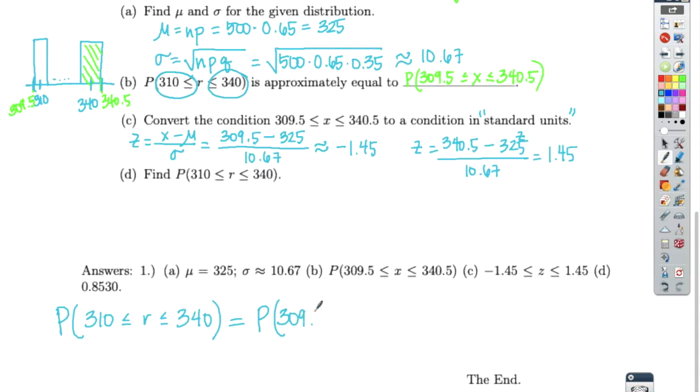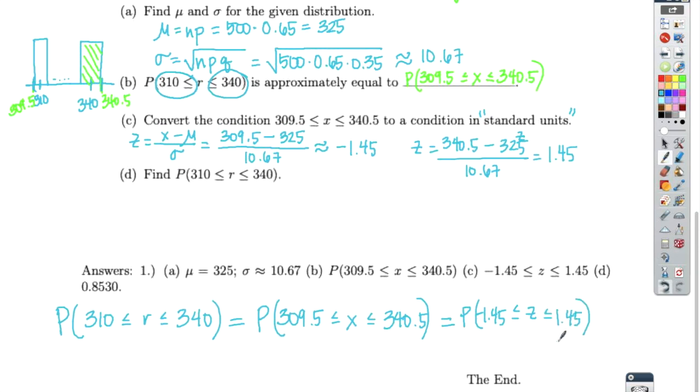It's the same as saying the probability that x is between 309.5 and 340.5. But then again, I'm going to change this around because I don't want to deal with x's. I want to deal with z's. It's the same as the probability that z now is between negative 1.45 and 1.45.